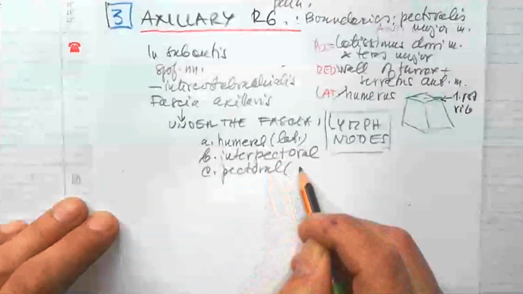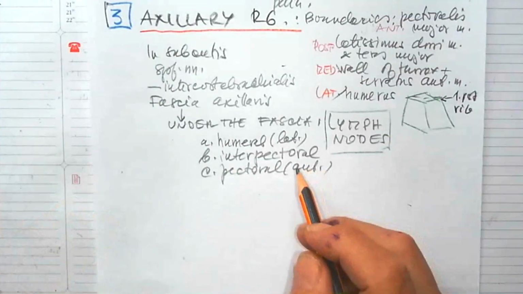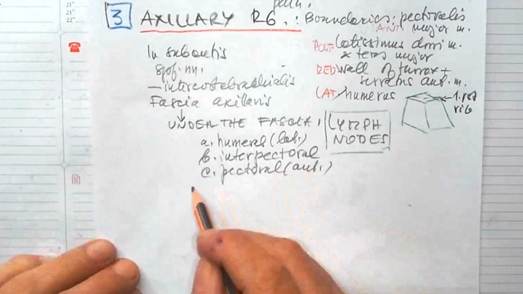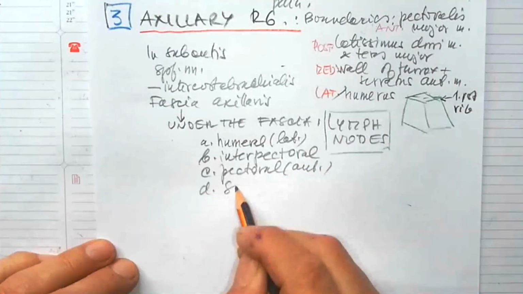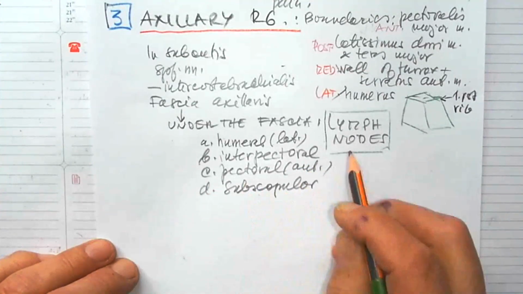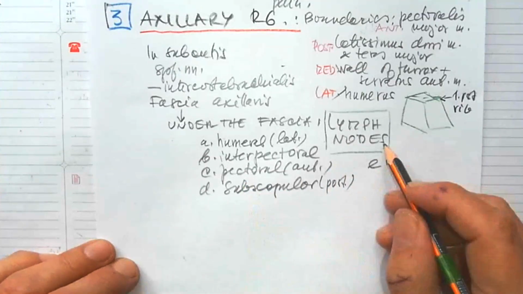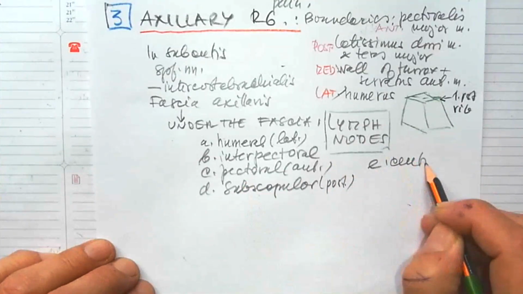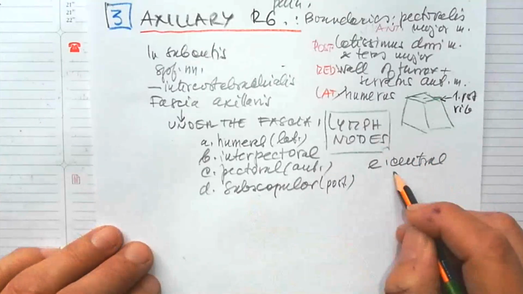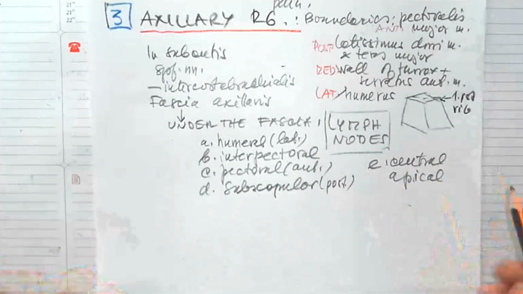Again, pectoral means that they are situated anteriorly, so we can say anterior group. Then D is the subscapular. Subscapular is the posterior group. E is central. Also sometimes mentioned apical, or sometimes central and apical are divided.